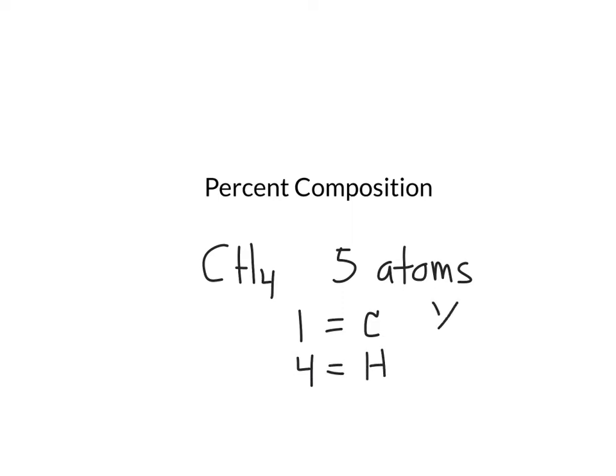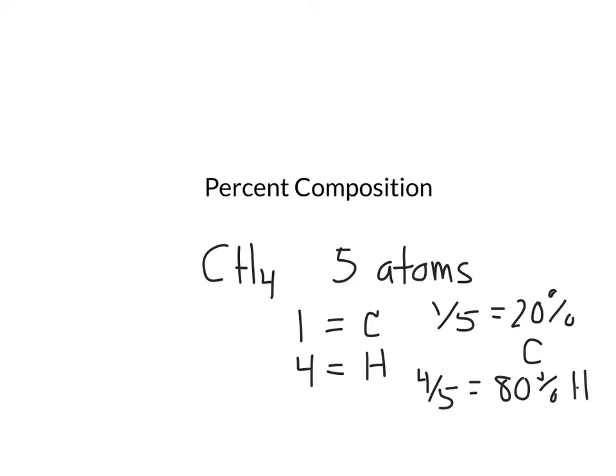Therefore, 1 out of 5, or 20%, of the atoms are carbon, and 4 out of 5, or 80%, of the atoms are hydrogen. This would be an example of percent composition by atoms or moles, so molar percent composition.